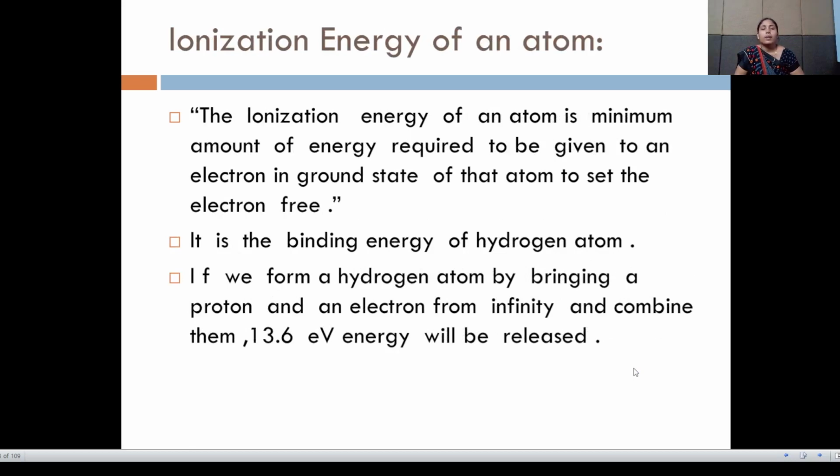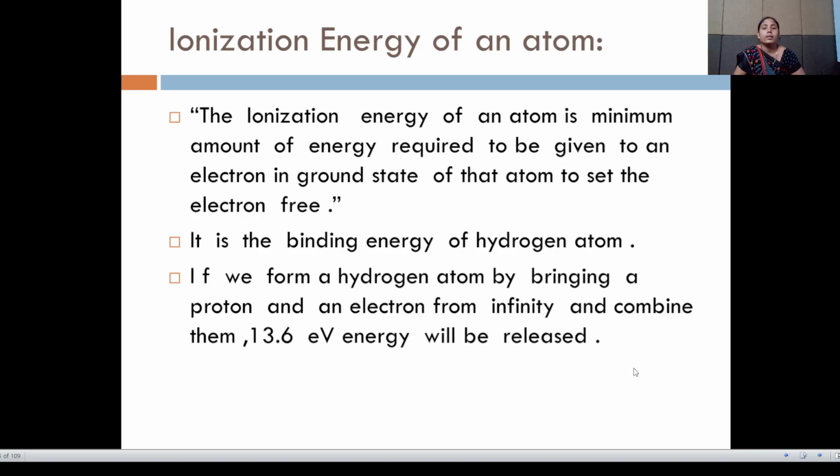Then what is the definition of the ionization energy of an atom? This is very important with respect to the definition. It is asked for 1 mark.